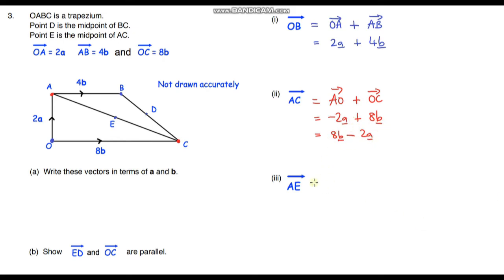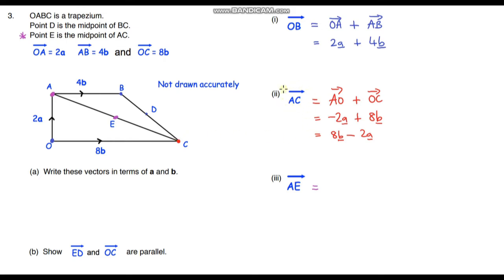And finally, our last part to this, vector AE. So we're starting here and we're finishing here. Now, this is where it gets a bit more confusing, but let's first of all look at this third line. It says point E is the midpoint of AC. So this length here from A to E, that's half of AC.